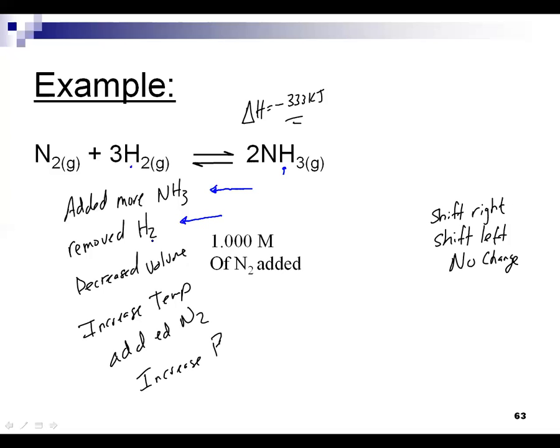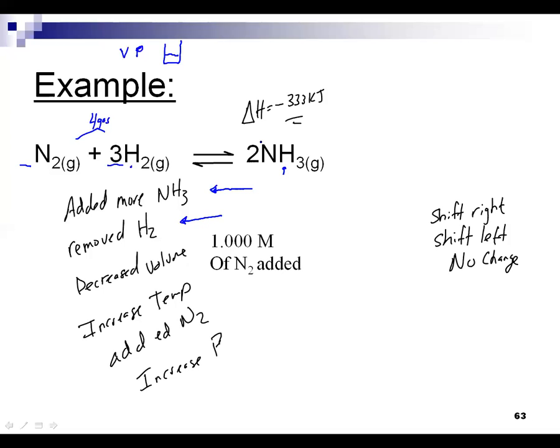Now, on number 3 here, where we're decreasing the volume, remember that volume and pressure are tied together. But in this case, if we decrease the volume, we have a smaller area, which means in a smaller area, we want less gas molecules to be there. So on the reactant side, there is 1 gas molecule here and 3 here, gives you a grand total of 4 gas molecules.